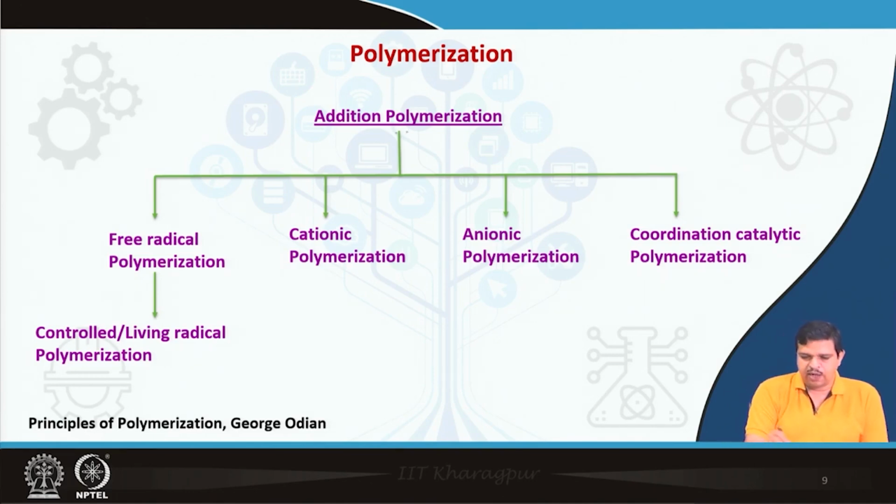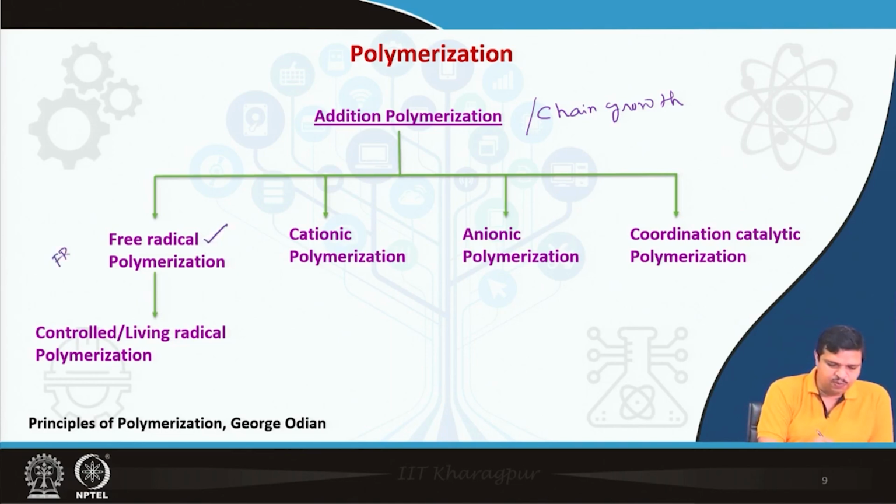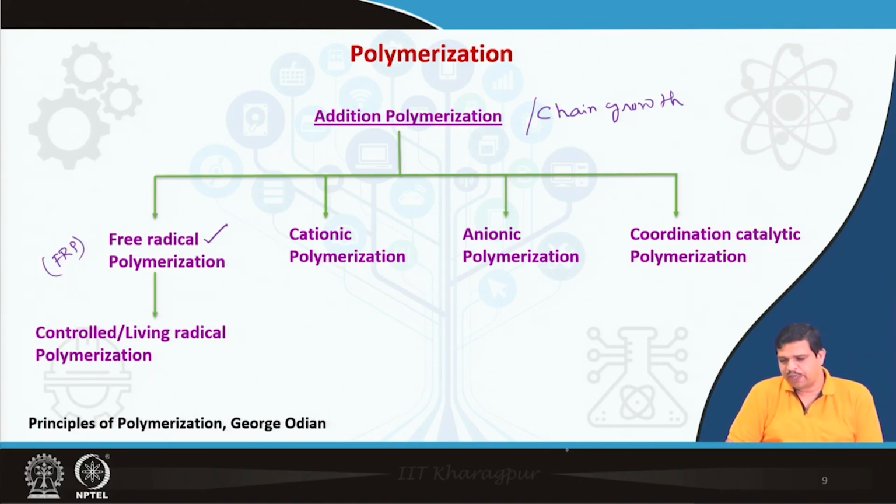So, here the addition polymerization is basically, in some books you will see, a chain growth polymerization. This is similar concept-wise. You will see that there are several chain growth or addition polymerizations possible, like free radical polymerization, which we sometimes call FRP, cationic polymerization we call CP, anionic polymerization called AP.